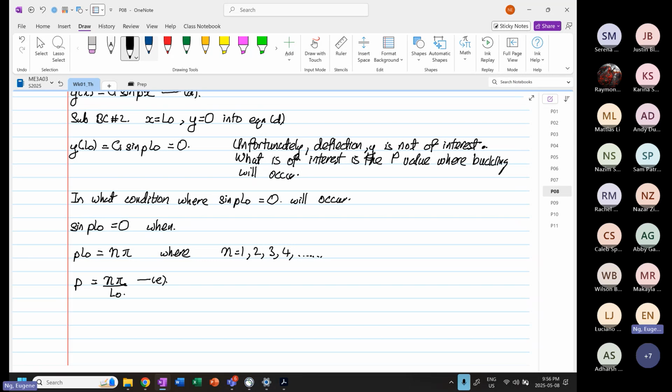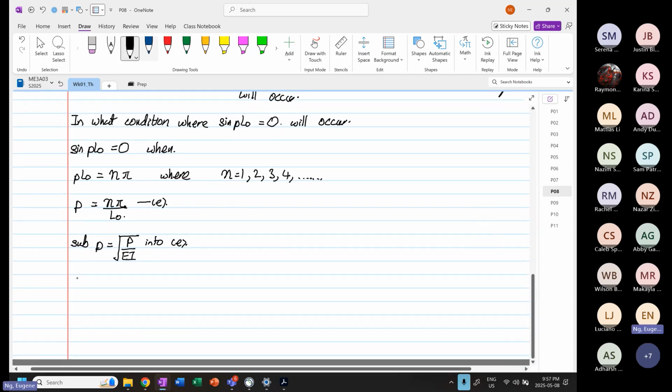So we are going to substitute small p is equal to square root of P over EI into our equation E. So we have the square root of P over EI is equal to n pi over L0.